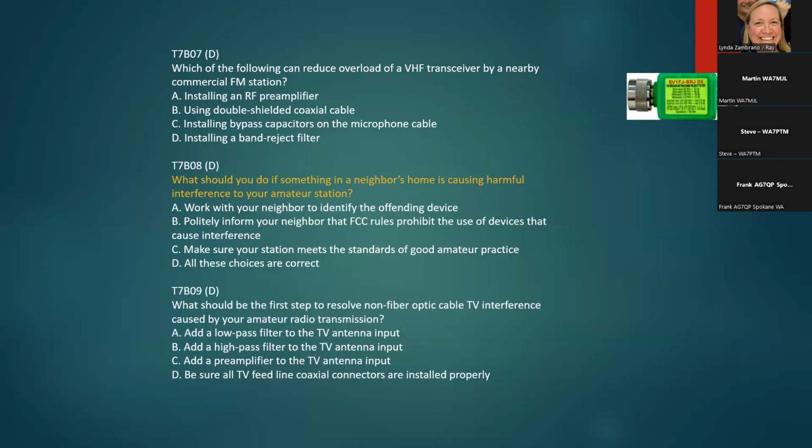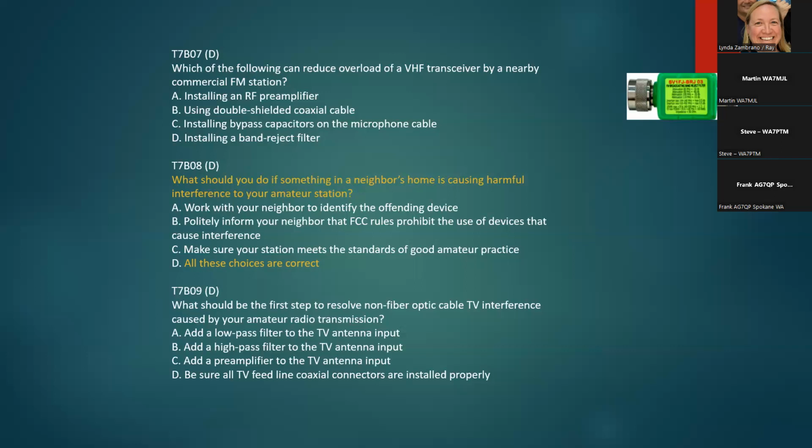And the answers are: work with your neighbor to identify the offending device, politely inform your neighbor that the FCC rules prohibit use of devices that cause interference, and make sure that your station has no problems with cabling or grounding. And all three of those answers are correct.